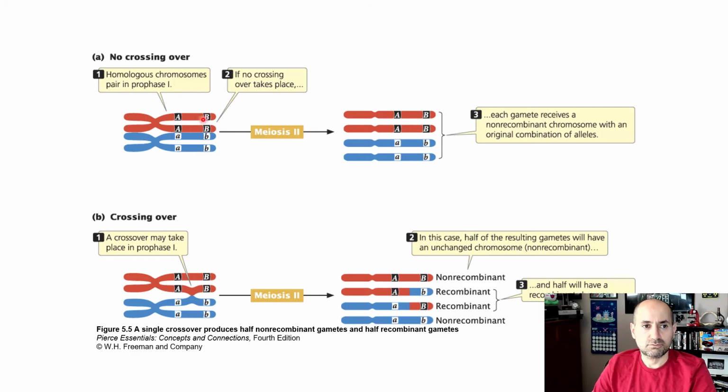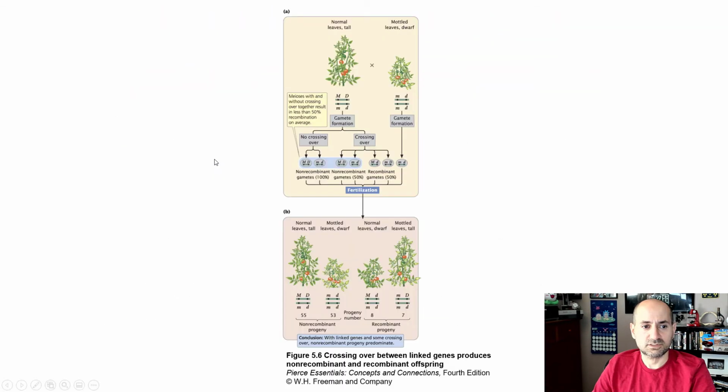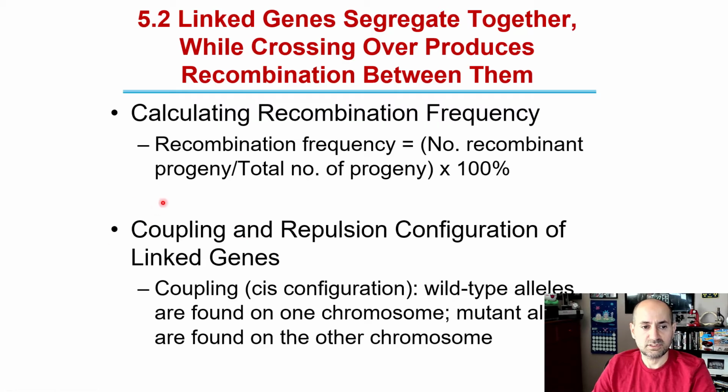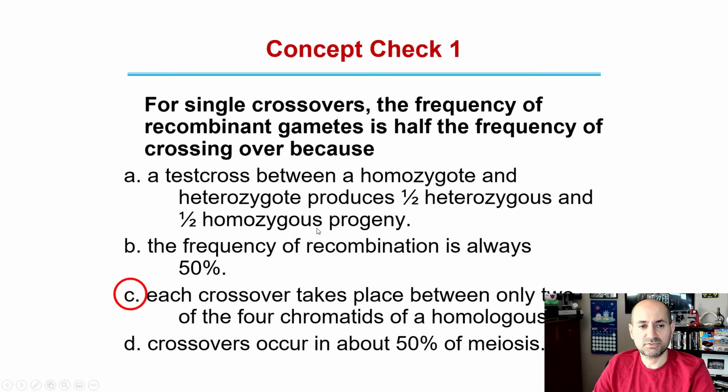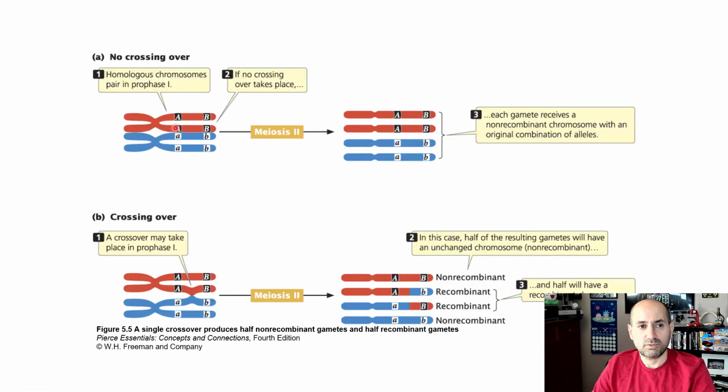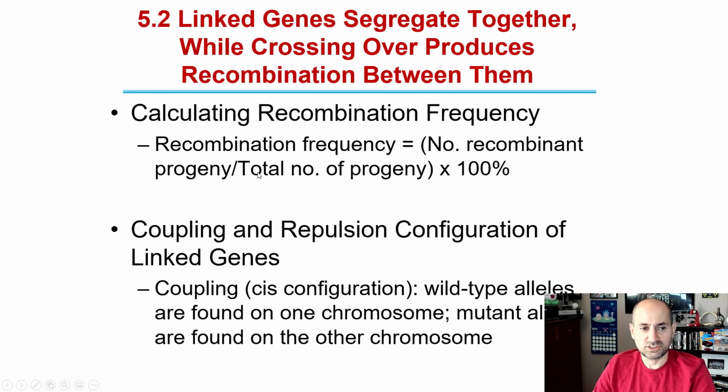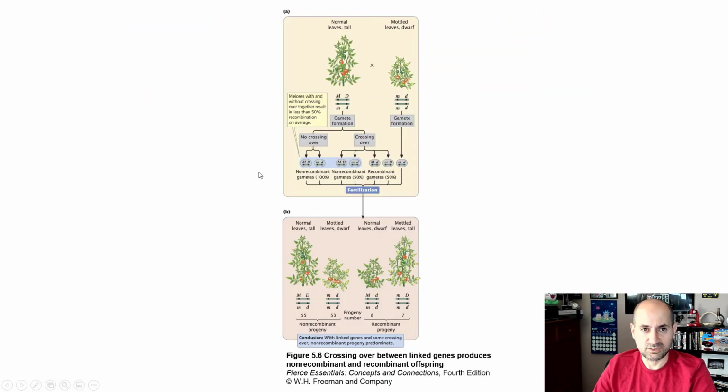That's what we're talking about here, the coupled configuration. Repulsion would be the opposite. Repulsion would be when you're starting with big A and a little b, or the wild type A and the mutant b on the same chromosome. Coupling is when you start with the wild type on the same chromosome.